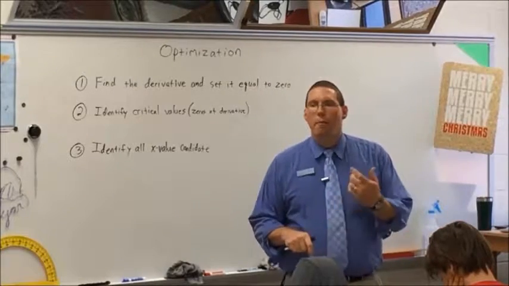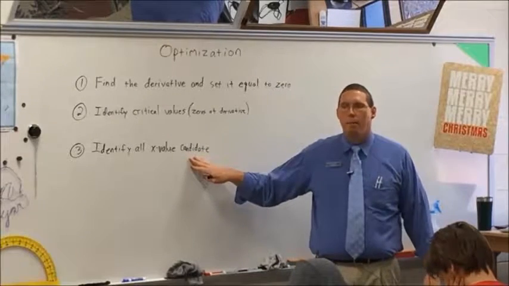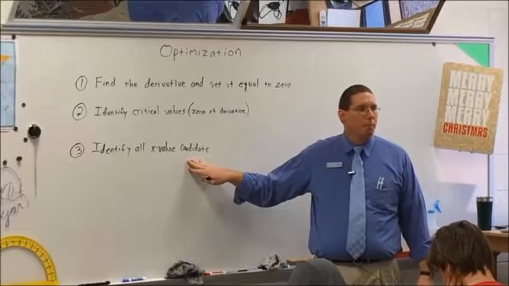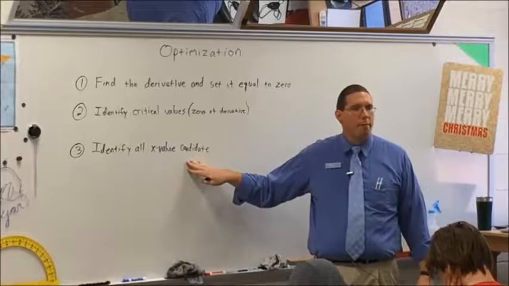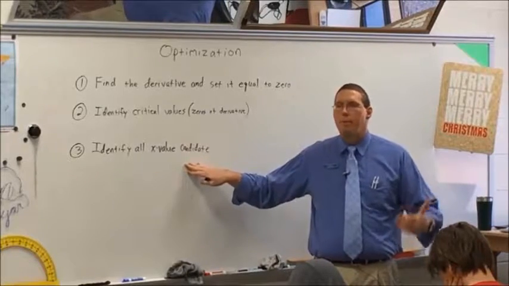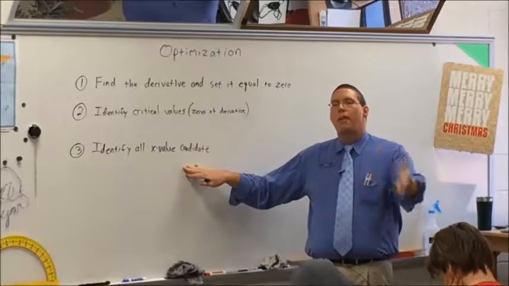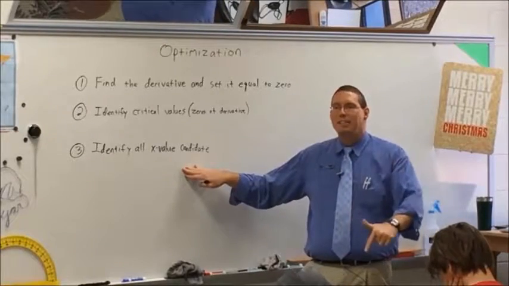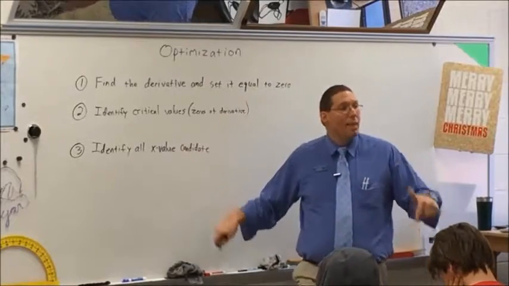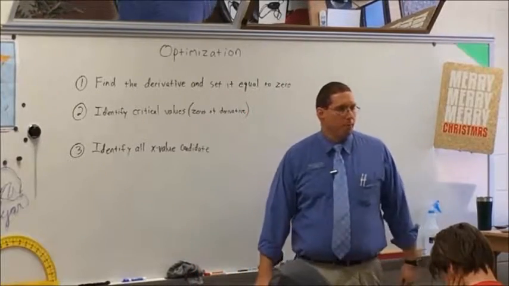Okay, so when we say candidates, this is a word used by the AP Calculus exam people, the College Board folks for AP Calculus. When you read some of the solutions to some of the AP exam questions, it'll say something like, they get 1 point for identifying x equals 3 as a candidate, as a possibility for absolute maximum, absolute minimum, okay?